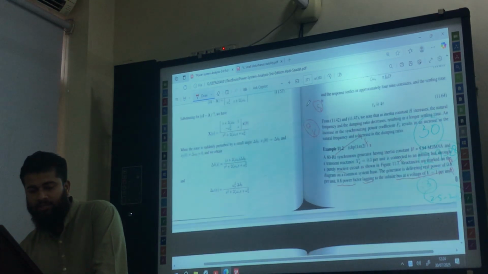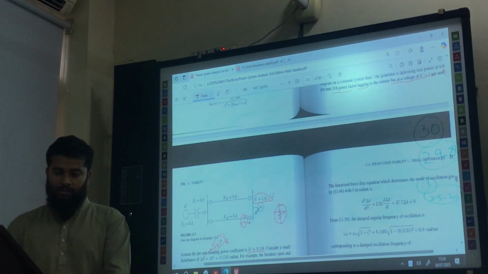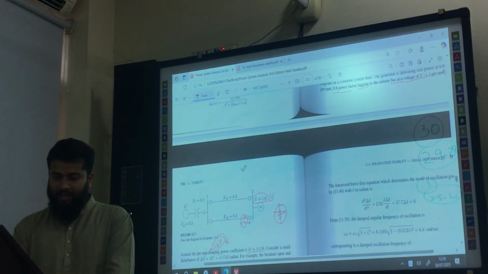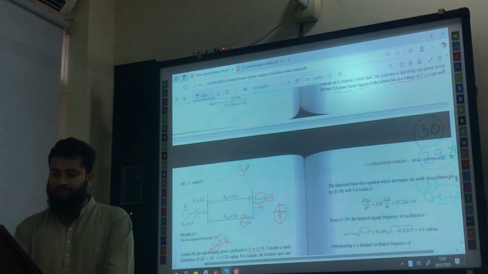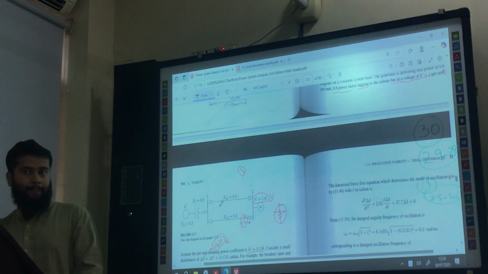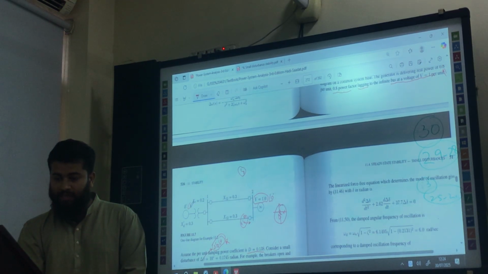By looking at this single line diagram, can you tell me where this delta lies in this diagram? Yeah, this delta actually lies here, associated with this angle. This angle is the delta.